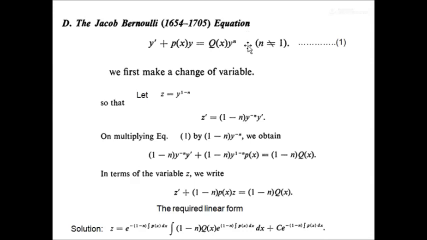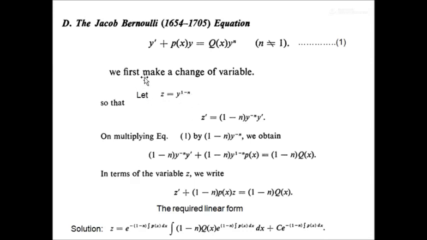So initially you have to transform this equation into a simplified form, and for the transformation let us take a new variable z, equal to y to the power 1 minus n.